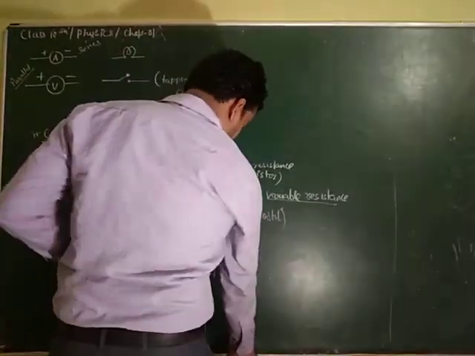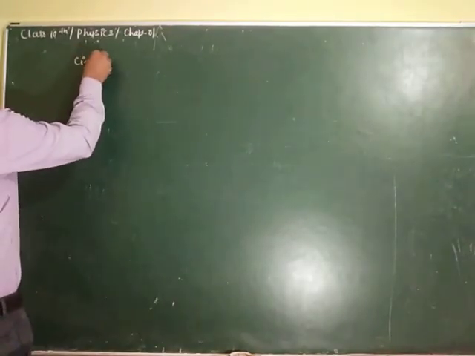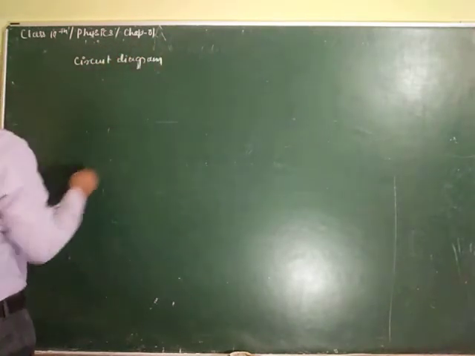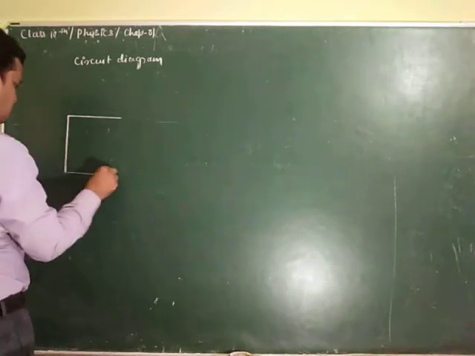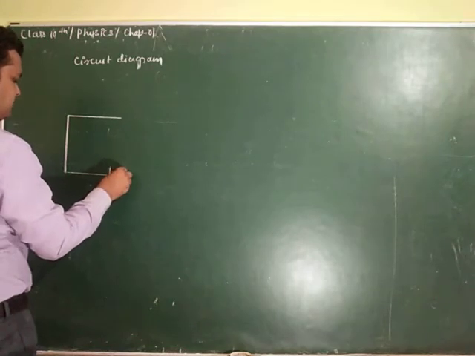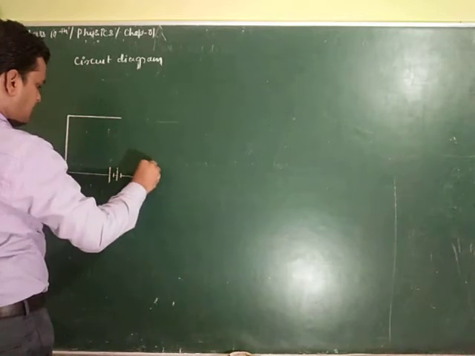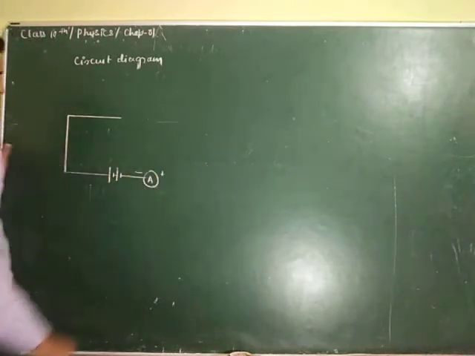Next, now the circuit diagram. How can we make a circuit? Consider this is a cell or a battery. We can connect like that. This is the ammeter, minus, and it is plus. Why is it again minus?